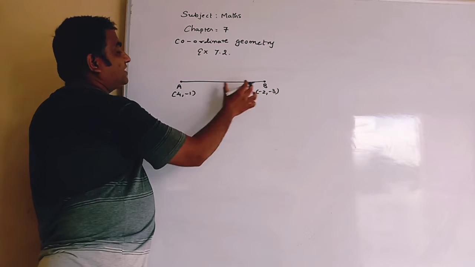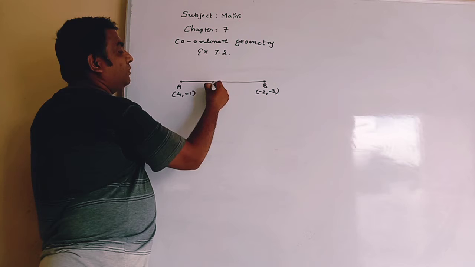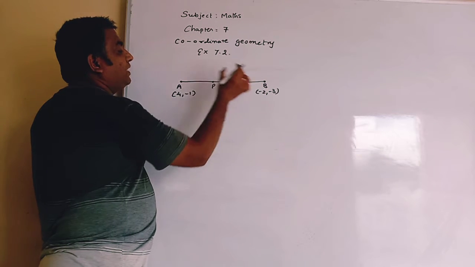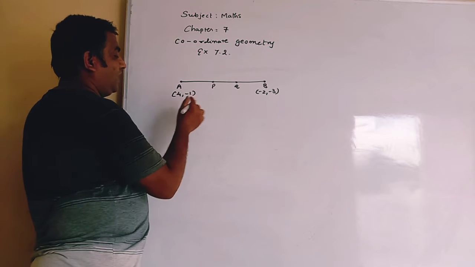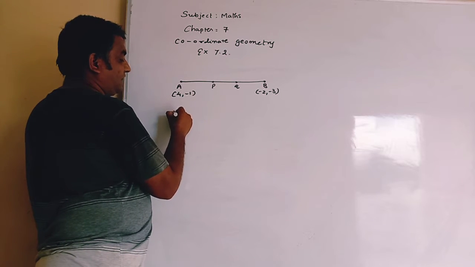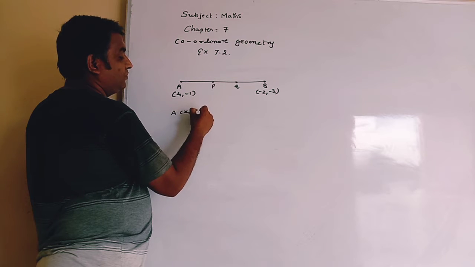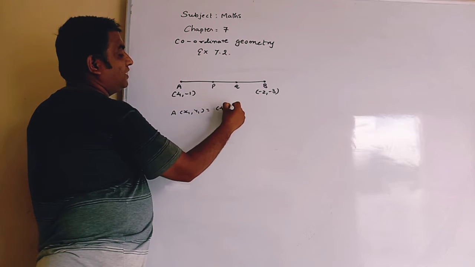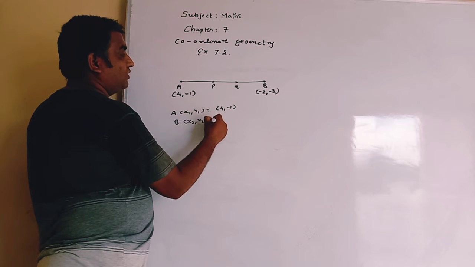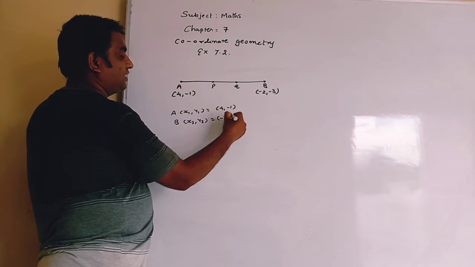Trisection means 3 equal parts, so that P and Q, 2 points are there. It divides AB in 3 equal parts, and so here we can write A (x1, y1) equals 4, -1, B (x2, y2) equals -2, -3.